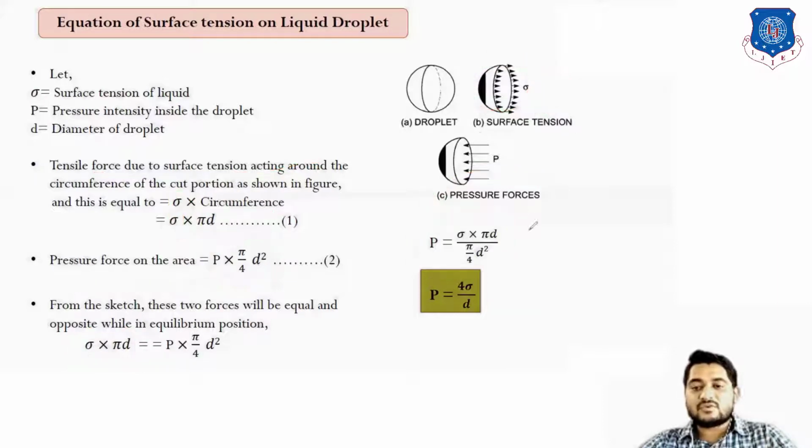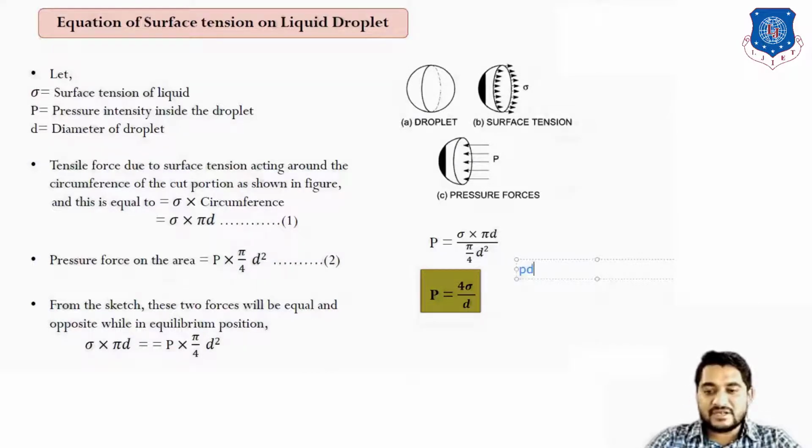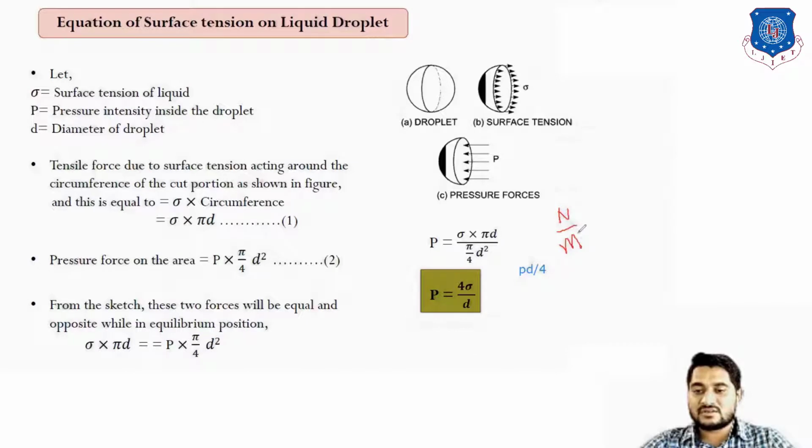Now if we want to derive the unit of surface tension, from this equation let us make sigma the subject. So sigma is equal to P d divided by 4. This is the equation of surface tension. Now for pressure, the unit is Newton per meter square, and for diameter the unit is meter. So meter cancels.